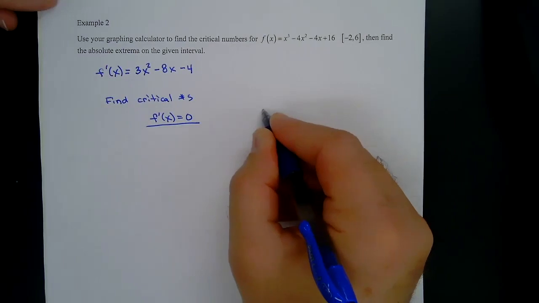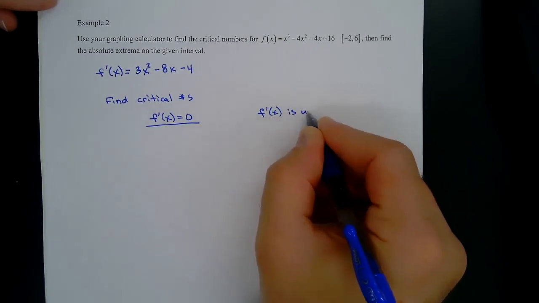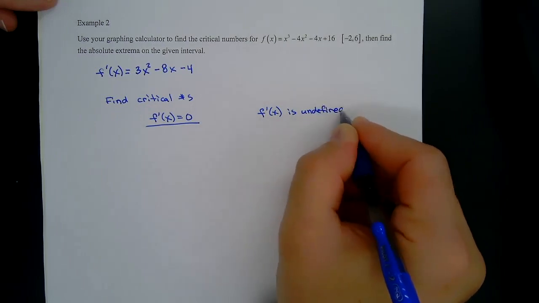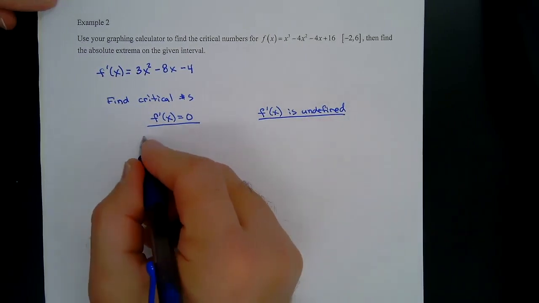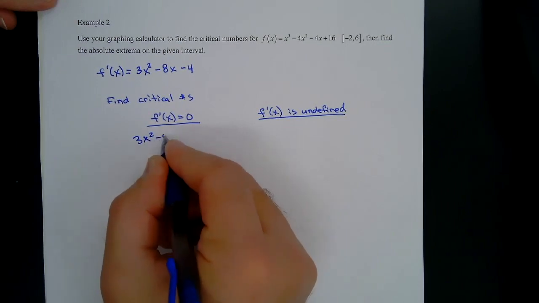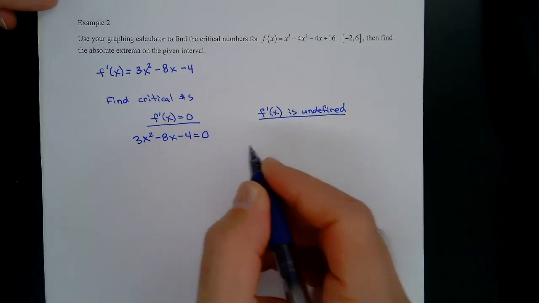And we also need to find where f prime of x is undefined. All right. So this is going to happen when 3x squared minus 8x minus 4 is equal to 0.